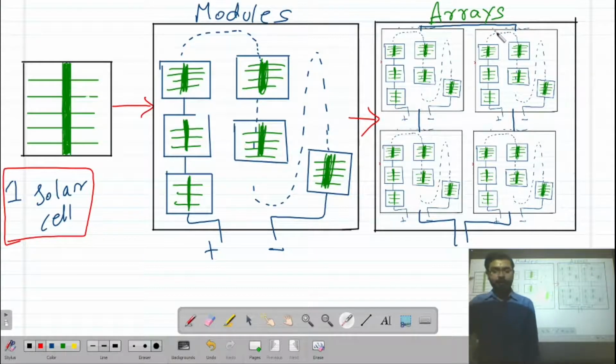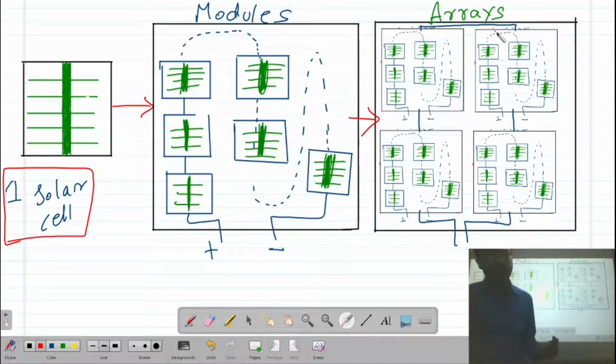A clearer picture is shown in the notes which I have already shared with you. It is already uploaded on Moodle, right? So this is all we have seen about the single solar cell, modules and arrays.